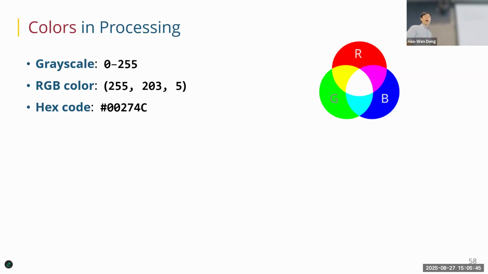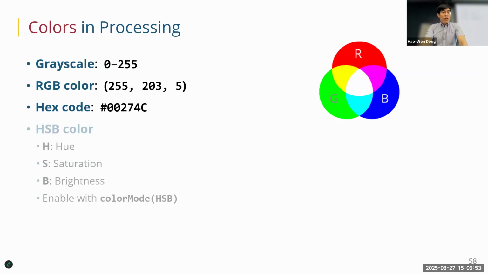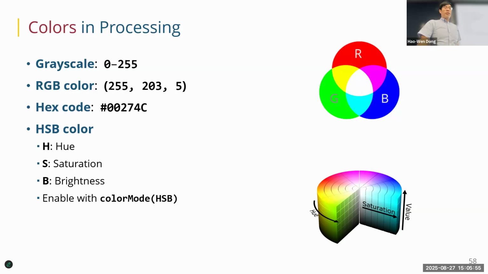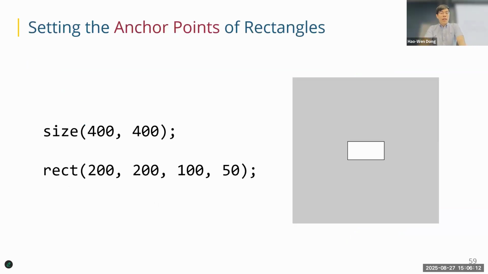There are tons of websites for palette selection, so you just copy and paste the hex code. You can also enable HSB color: hue, saturation, brightness. This is especially helpful when you want to change the color like a rainbow effect. Then hue would be a good way to do it. You just need to set the color mode to HSB before you use the color.